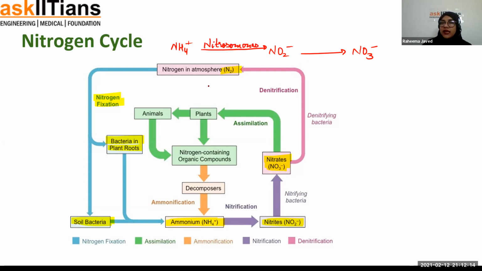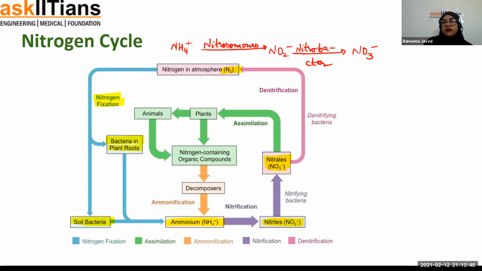This is the name of the bacteria. Nitrites are converted into nitrates by another bacteria, which is nitrobacter. So these are the two bacteria I want you to remember. Ammonium ions are converted into nitrites by nitrosomonas, and nitrites are converted into nitrates by nitrobacter.